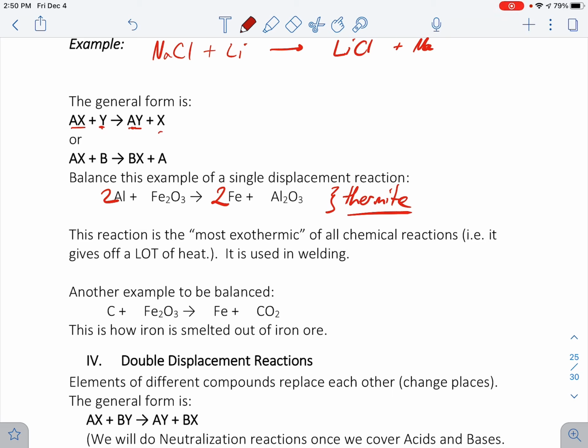It's very impressive. Another example here is carbon and iron oxide. That's a mixture of carbon powder and iron oxide, or rust. You mix those together and then heat them up, and the iron will actually come out. This is one of the reasons why someone working to smelt iron ore works in what looks like a very sooty or dirty work environment.